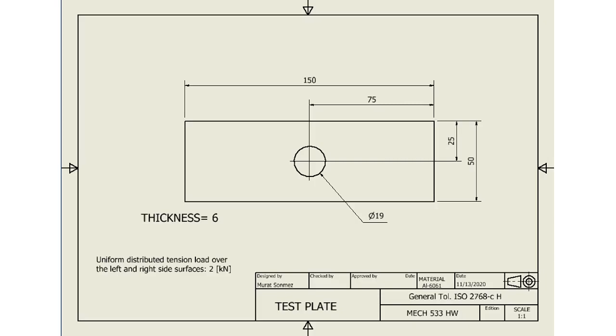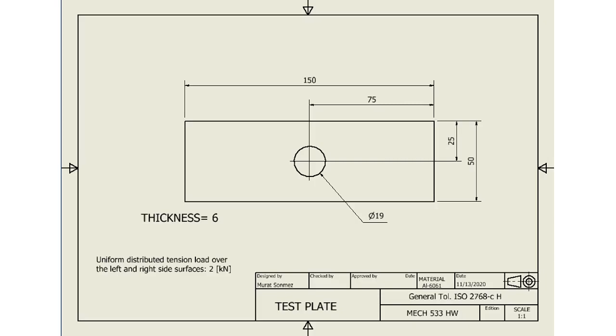It is a slab. From the technical note, I see that its thickness is 6 millimeters, width is 150, and the height of the prism is 50. I'm going to first create the solid model of the object.